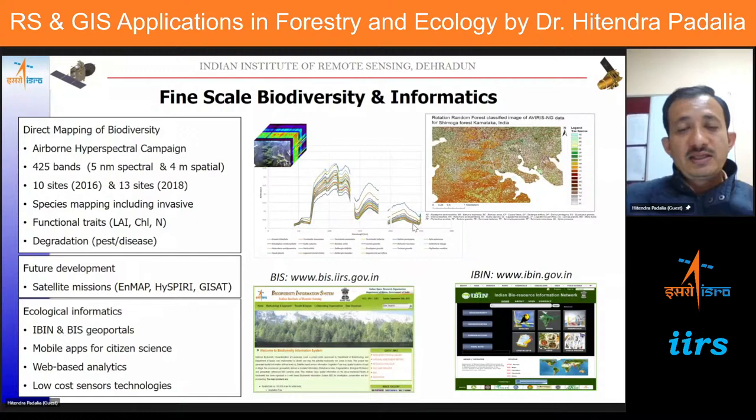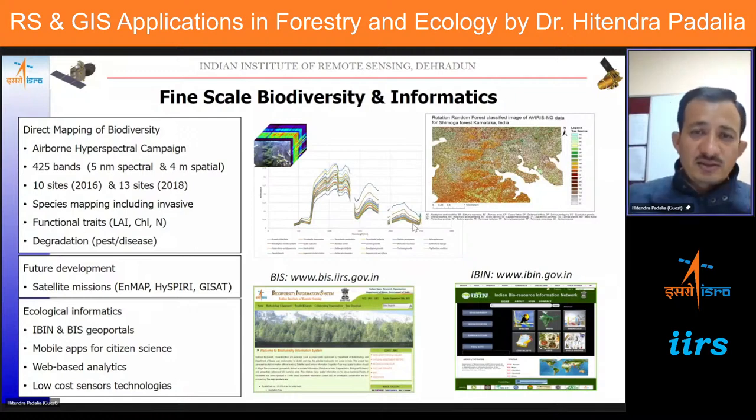And in India also, recently several studies have been done by researchers from ISRO in partnership with other universities, and they have been able to demonstrate the potential of very high resolution hyperspectral remote sensing data in species mapping, particularly native and invasive species, and other biochemical characterization of different vegetative formations.